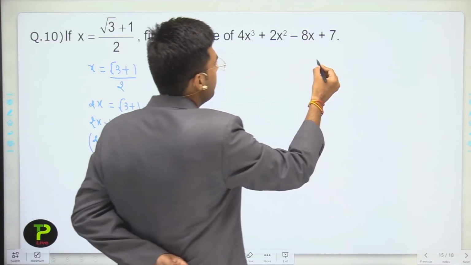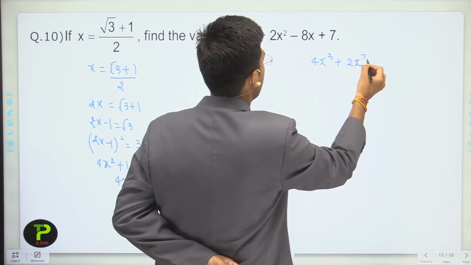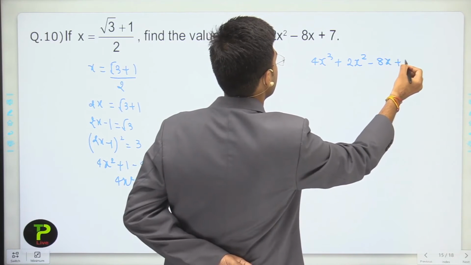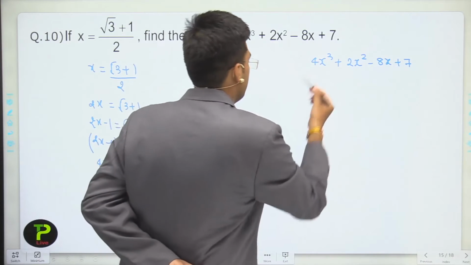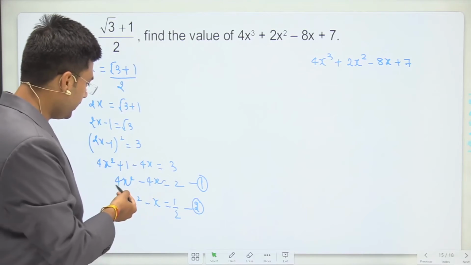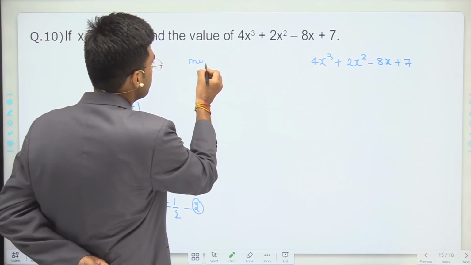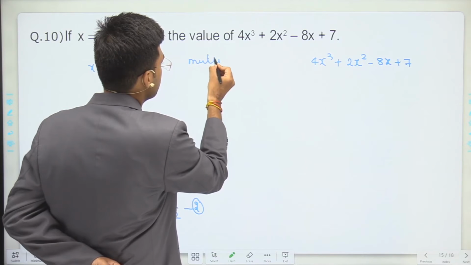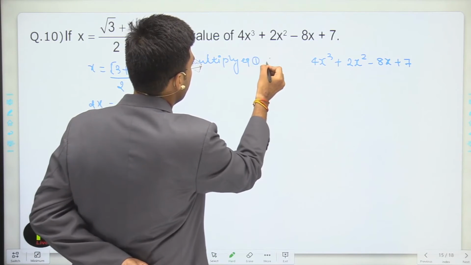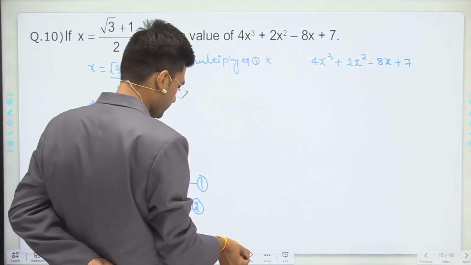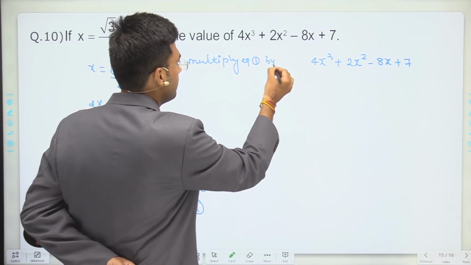Now we have to find the value of 4x cube plus 2x square minus 8x plus 7. Now in equation 1, we have 4x square minus 4x minus 2. Let us multiply equation 1 by x.